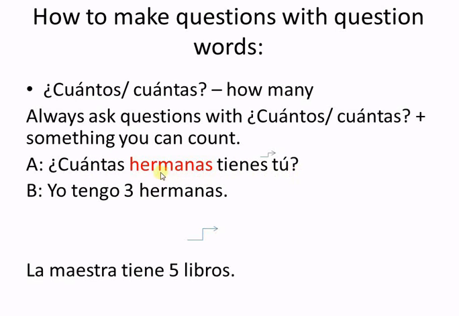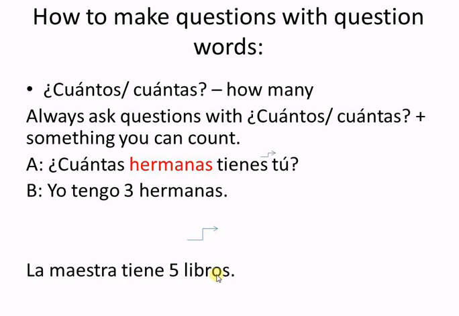So students get confused sometimes because they think that hermanas is the subject. It's not. Hermanas is the thing you are counting. How many sisters do you have? Tú is the subject, and tú needs to go right after the verb. Yo tengo 3 hermanas. Okay? So let's see one example. La maestra tiene 5 libros. So the teacher has 5 books.